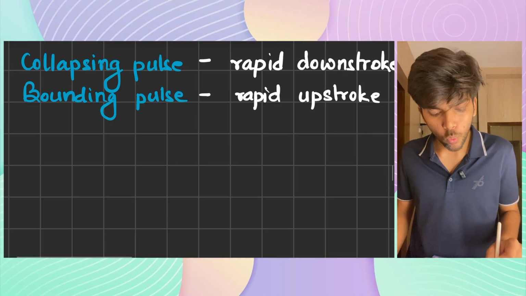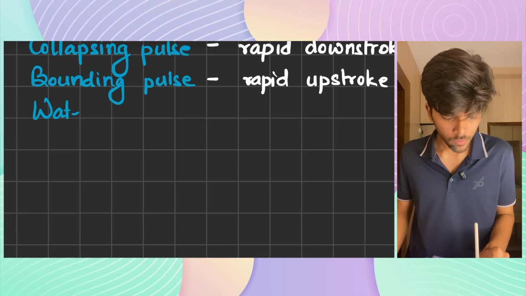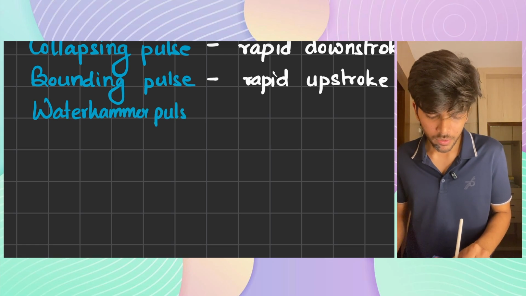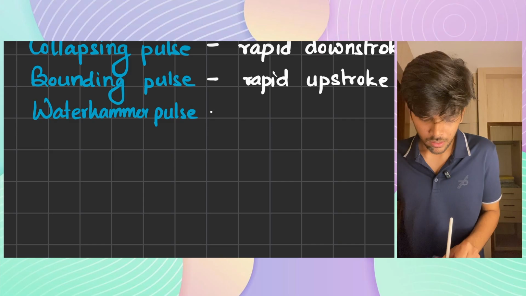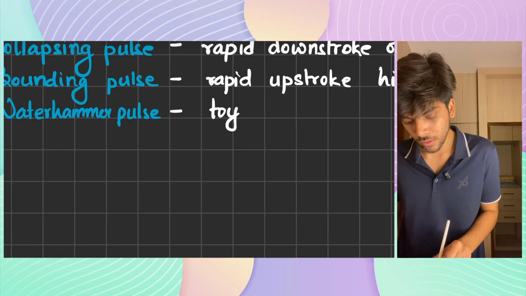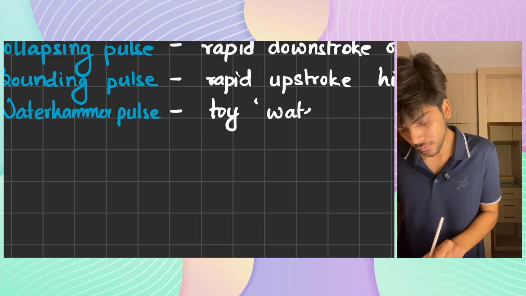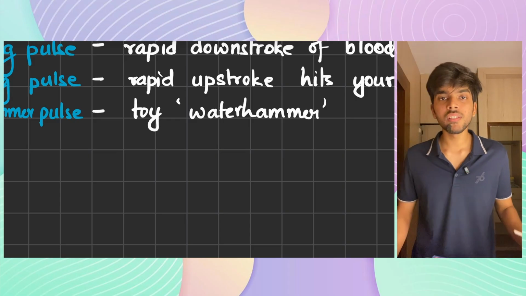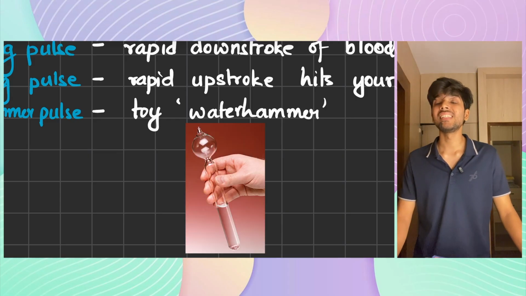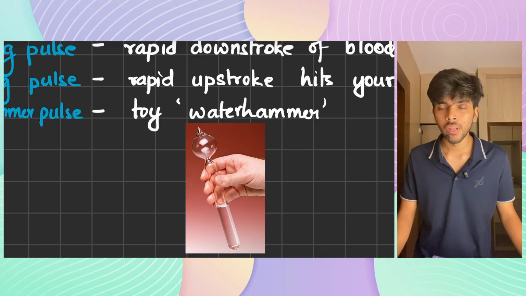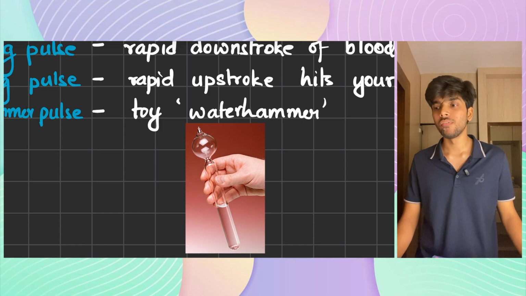Why is it called a water hammer pulse? It's called a water hammer pulse because it shows a phenomenon like a toy called water hammer. In this toy, you have a cylindrical glass tube which is closed at both ends and filled with water halfway, and the other half of the tube is vacuum.